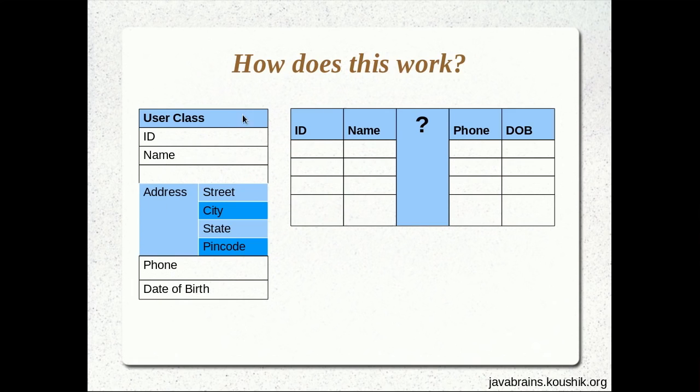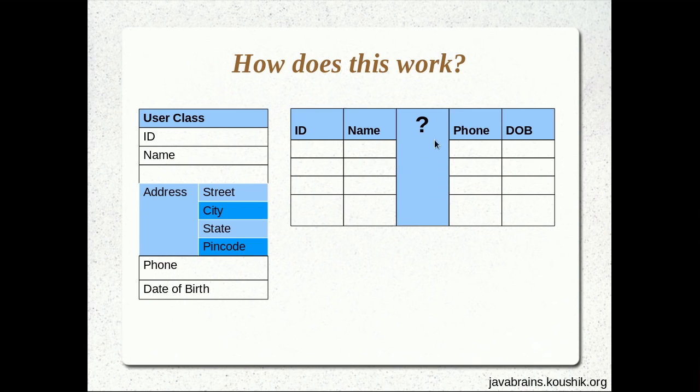We will have a user class, and the user class, instead of having an address string, it'll have an address object. We'll write a separate address class, and the address class will have street, city, state, and pin code. And now our user class, instead of having a simple string as an address member variable, it'll have an instance of this address object. Now the question is, how do we save this address object in the user table?